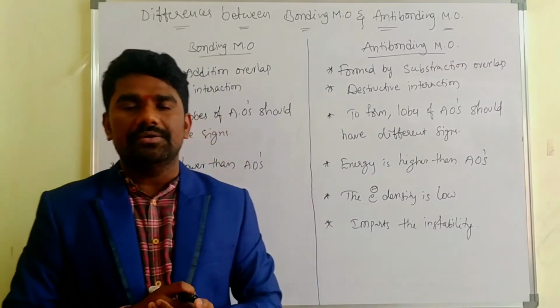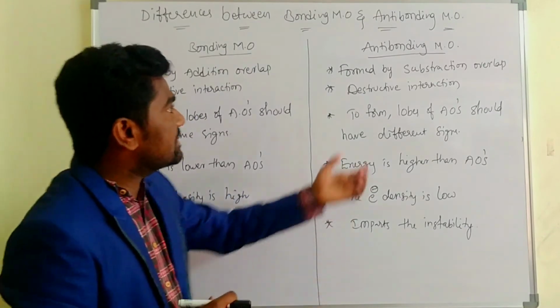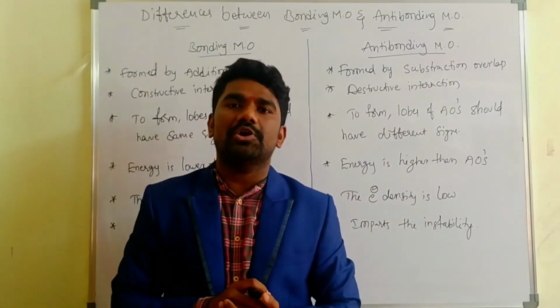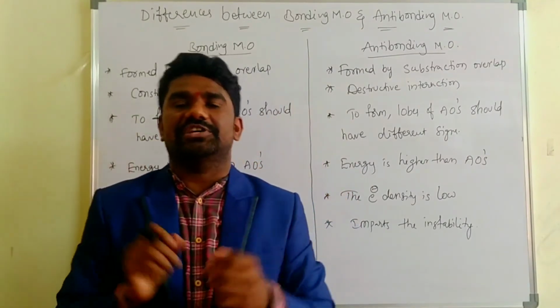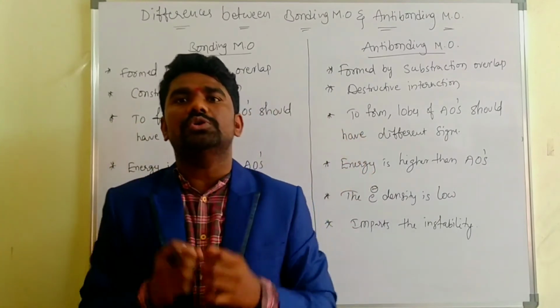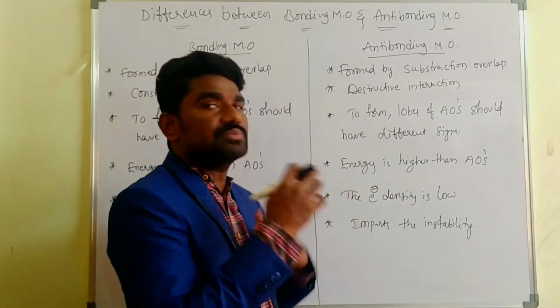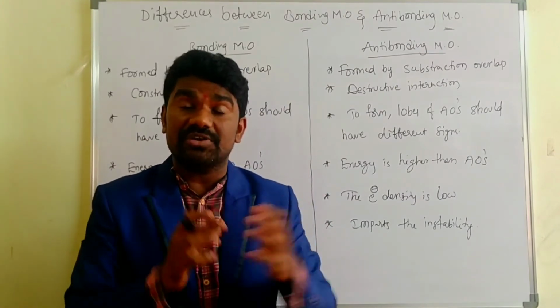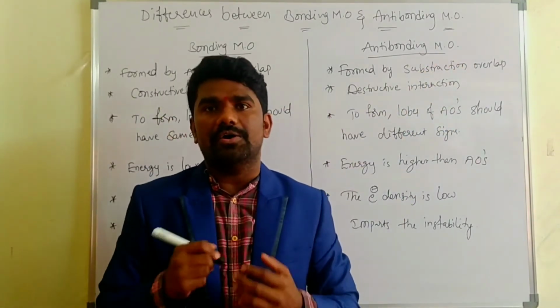But in the formation of the antibonding molecular orbitals, the lobes of the atomic orbitals that overlap should have different signs.